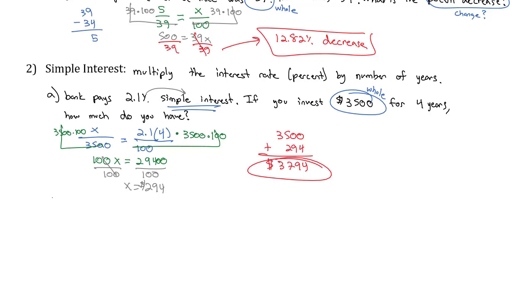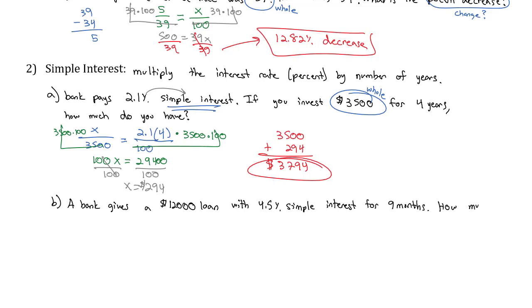Let's do one more simple interest problem. Let's say a bank gives a $12,000 loan with 4.5% simple interest for 9 months.